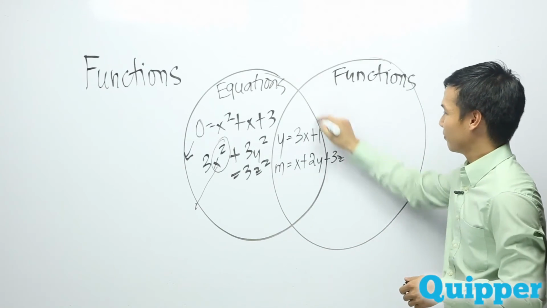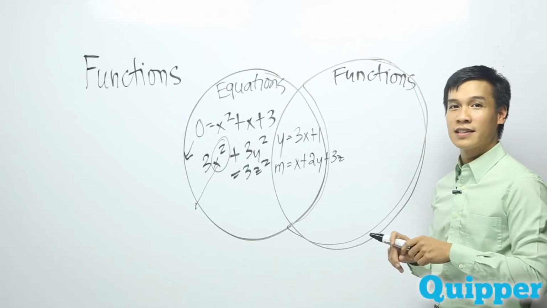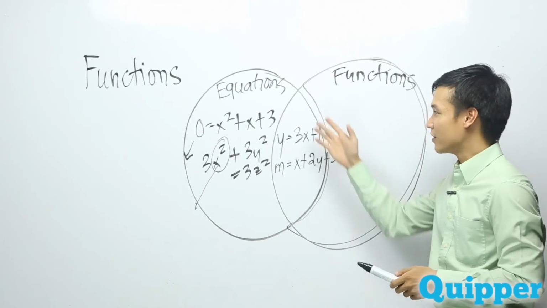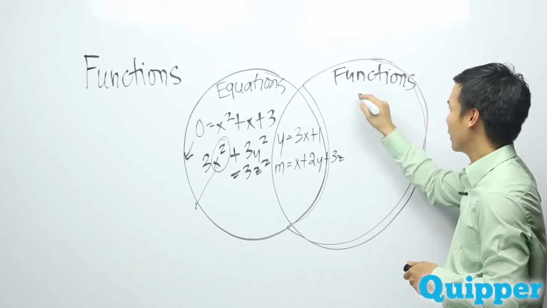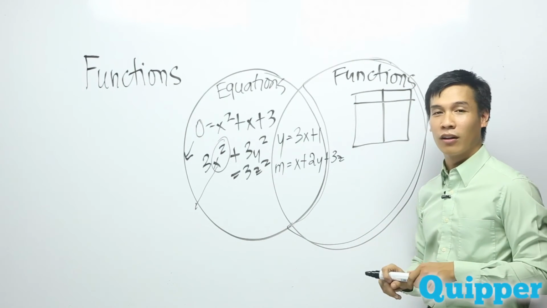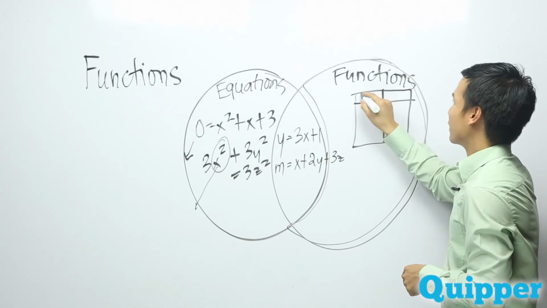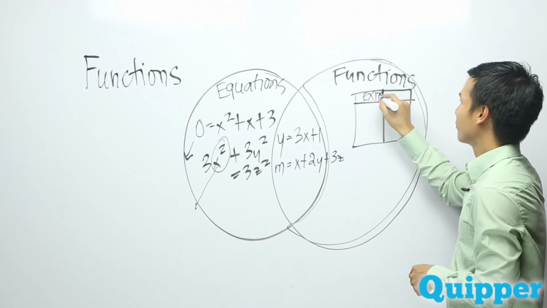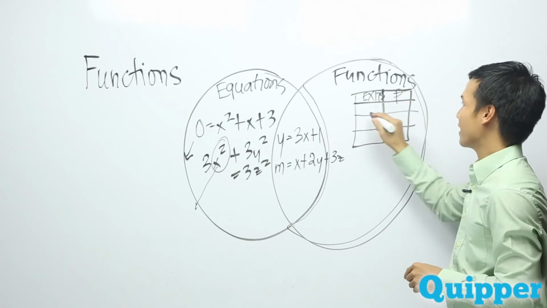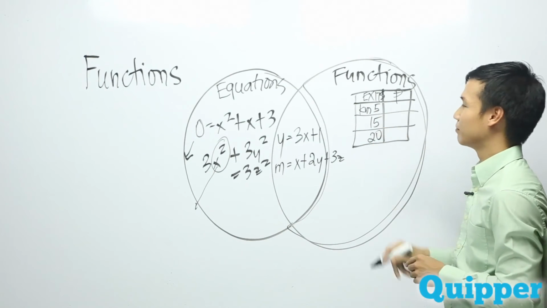How about this part? This part here denotes the set of functions that are not equations. Functions could be interpreted not just in this form. They can also be in the form of tables. For example, an example of a table is when you get to a highway or a toll gate. These are the exits. These are your corresponding prices. You may have exited at, say, kilometer 5, kilometer 15, and kilometer 20.